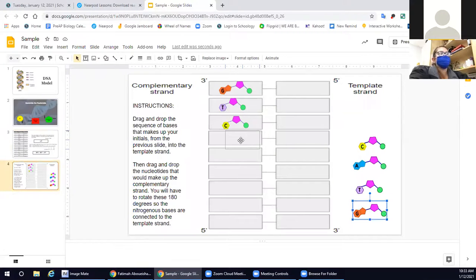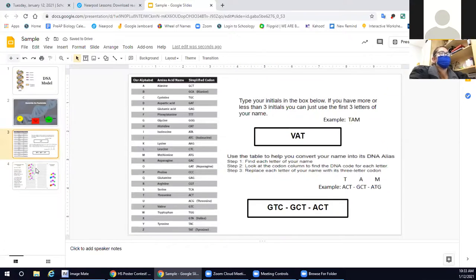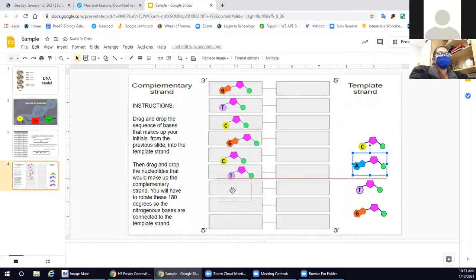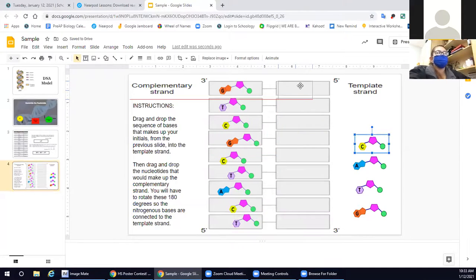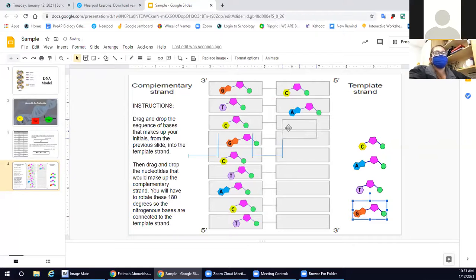So that's GCT. Then I have ACT. So that's ACT. So I'm going to find their matching pairs. G goes with C. T goes with A. And C goes with G.